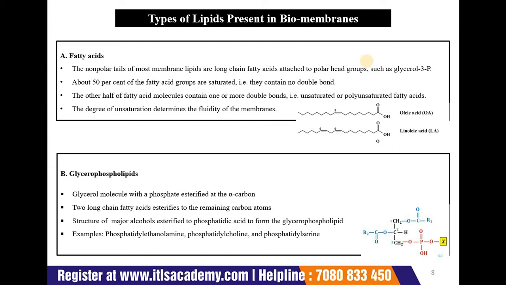Examples of these glycerophospholipids are phosphatidylethanolamine, phosphatidylcholine, phosphatidylserine. They play a major function in metastatic cancer cells, where they are generally ether-linked lipids. Their role is suggested in the invasive properties of these cells. That's why they play a very important role in metastatic cancer cells.